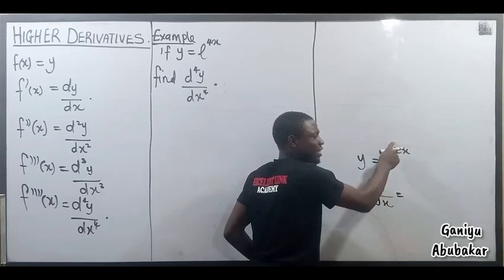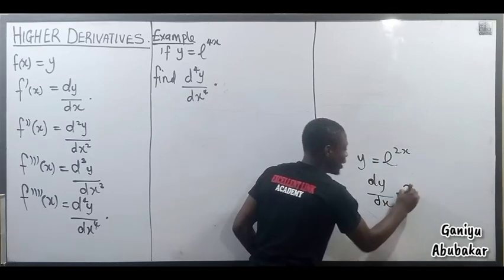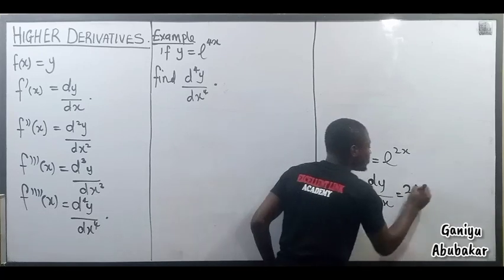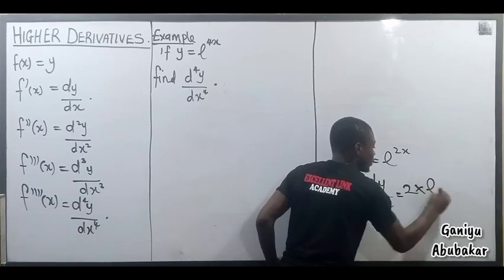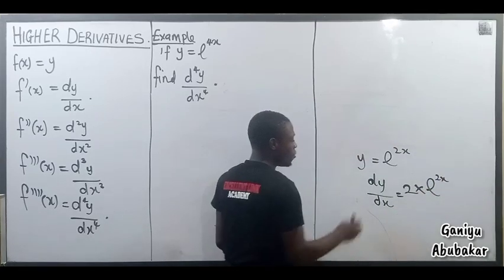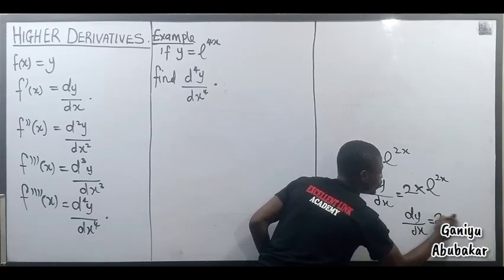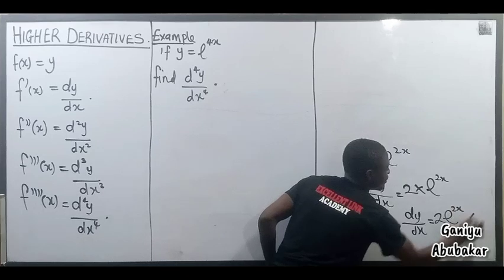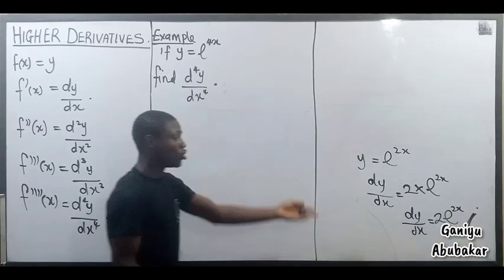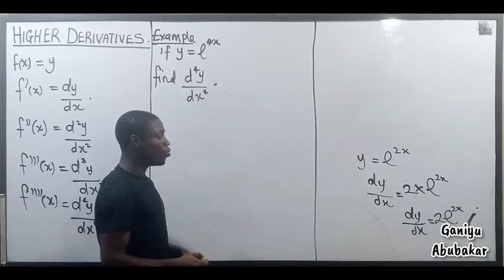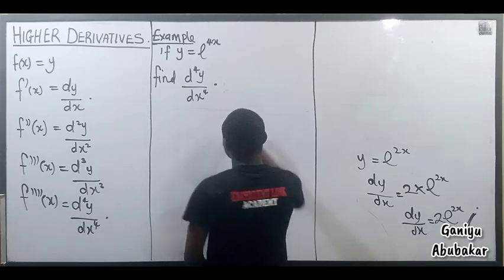If I differentiate 2x, I'll have 2. Next, times everything here, exponential 2x. My final answer becomes dy over dx equal to 2 exponential 2x. That's all. That's the shortcut. So let's apply this shortcut to solve this one.